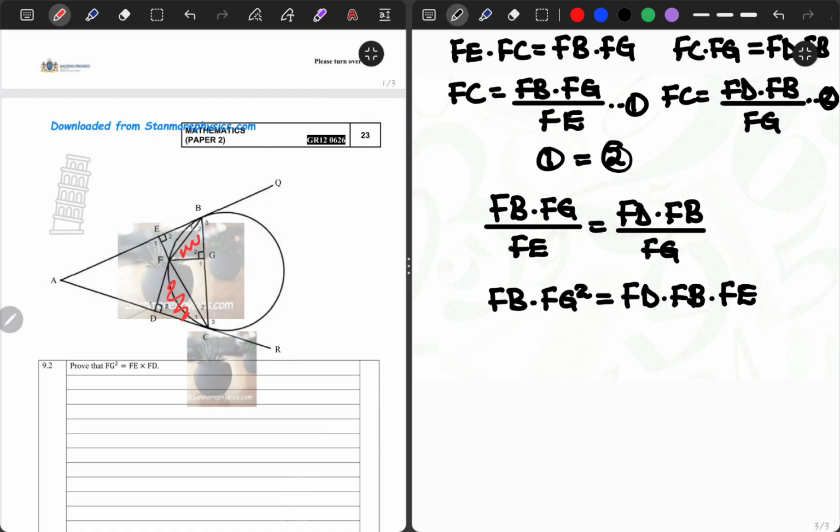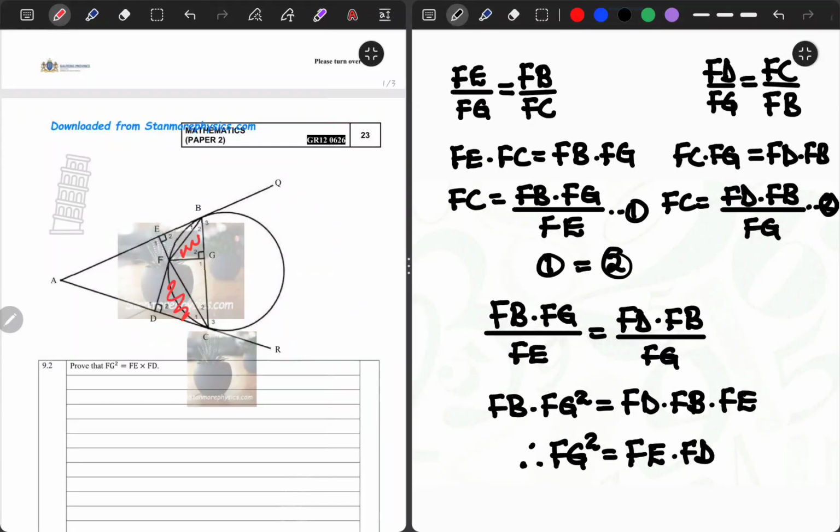So I will need to take out FB, cancel FB both sides, and therefore finally FG square equals to FE multiplied by FD. And that's what we were looking for, 6 marks.